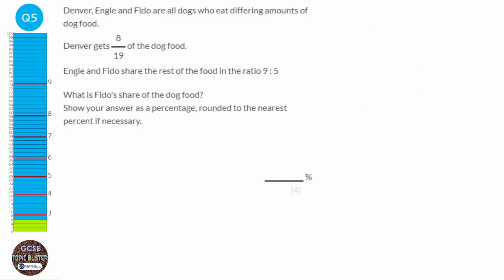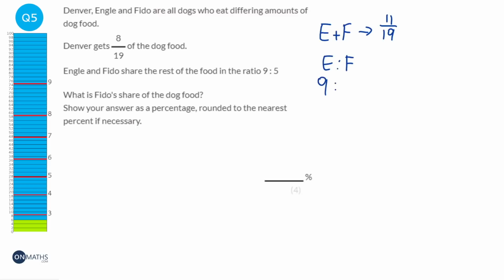So the first piece of information I'm going to focus on is the fact Denver gets 8/19. Denver gets 8/19, that means that Engel and Fido together must get 11/19 because they have to add up to 1. So we're only looking at 11/19. I'm going to focus on the ratio next of Engel to Fido.